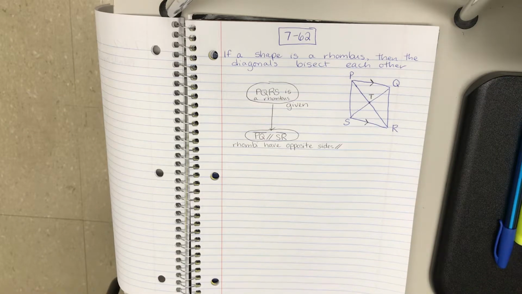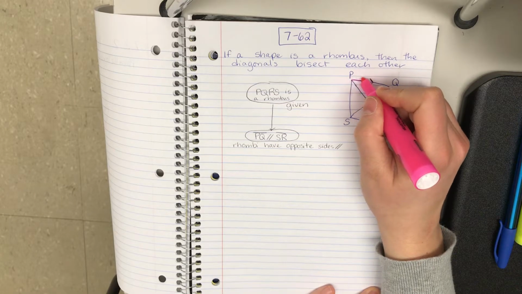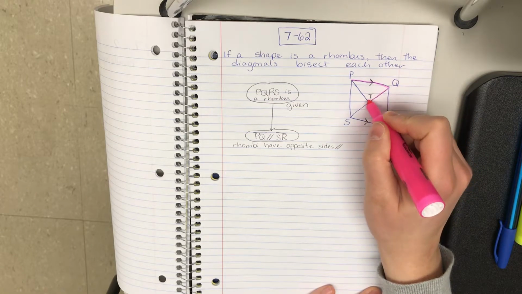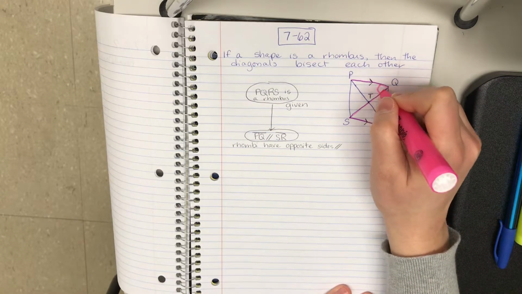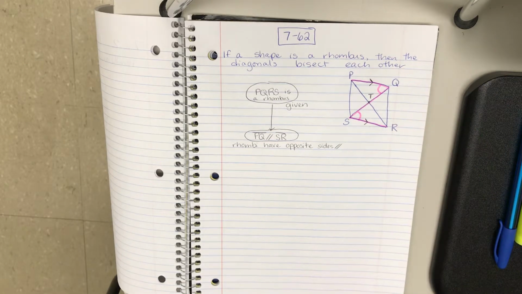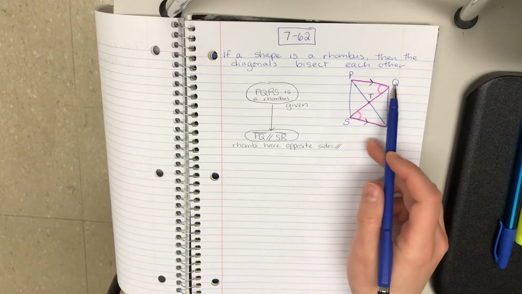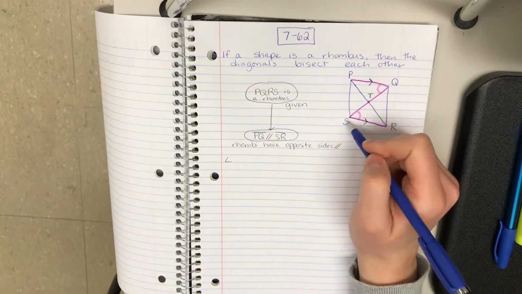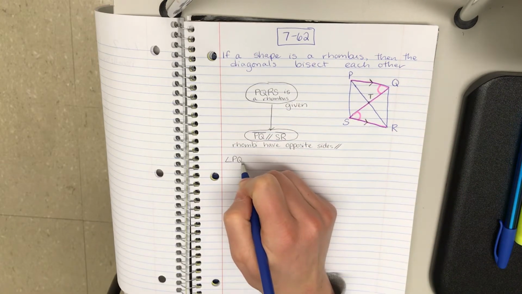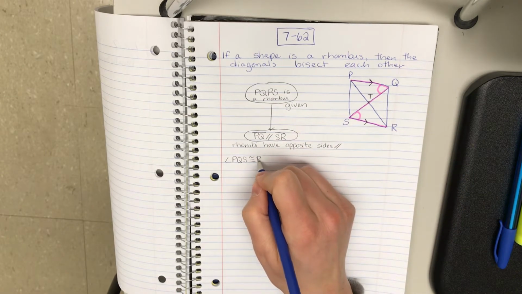Hopefully you're getting the concept, and we practice this enough, that when lines are parallel and there's a transversal, that's going to lead us to congruent angles. Okay, so because these two lines are parallel, and I'm using the Z, I can say that angle PQS is congruent to angle RSQ.